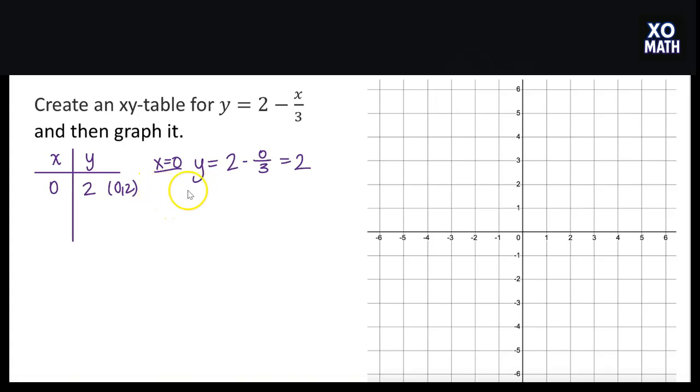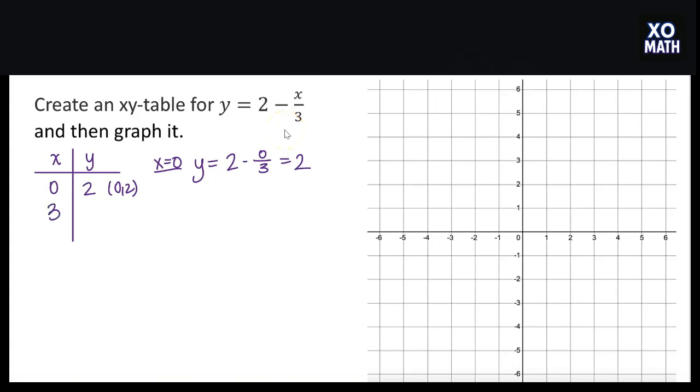Now, let's go ahead and think about what another value we should substitute in is. We can absolutely let y equal 0 like the last example, but here notice that when we substituted in a value for x, our job was to then divide it by 3. So a nice number, an easy number to substitute in would be x equaling 3, because 3 divided by 3 is 1.